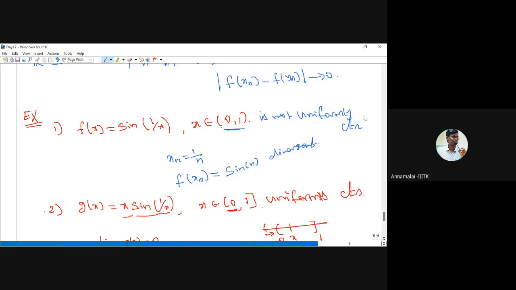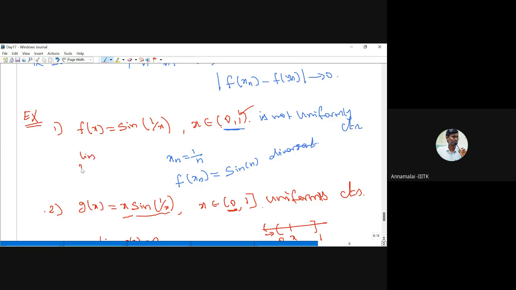Anyway, we can say using the theorem that if it is uniformly continuous, then in particular this 1 by n is a Cauchy sequence, but f of xn is not Cauchy. Or even you can try to extend this function to these two endpoints. We can extend to this one because the limit exists.